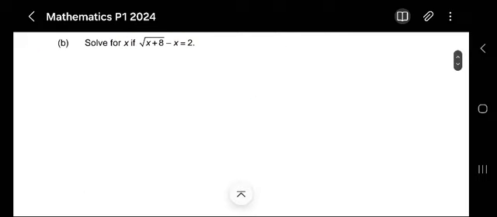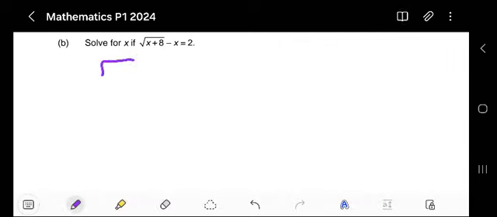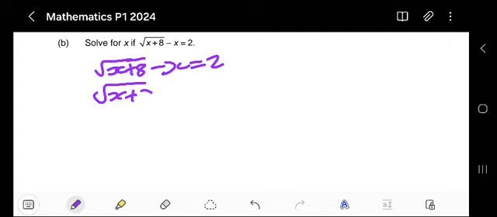Then b, solve for x. If we have given the square root of x plus 8 minus x is equal to 2. So how can we solve this? You'll transpose there, or you'll add x that side. You'll be left with the square root of x plus 8 equal to 2 plus x, then that will be positive when it gets to that side.